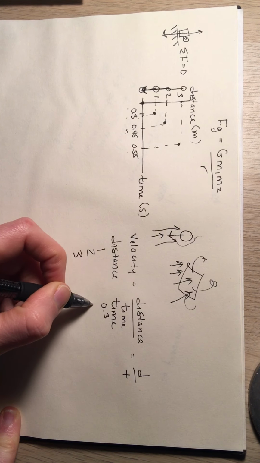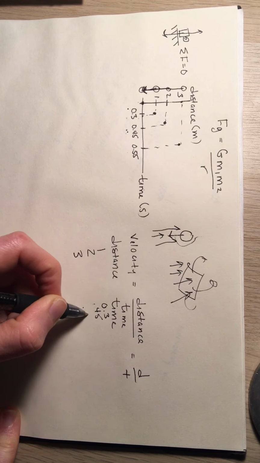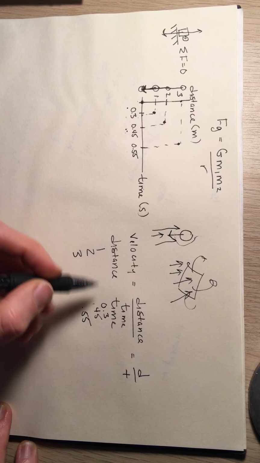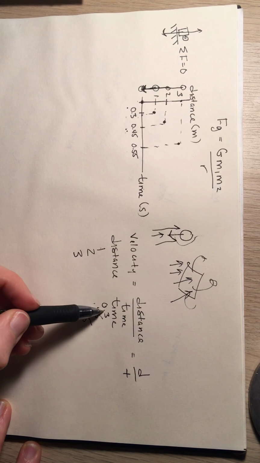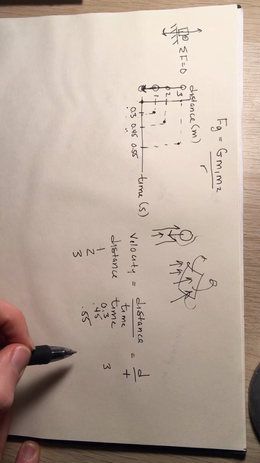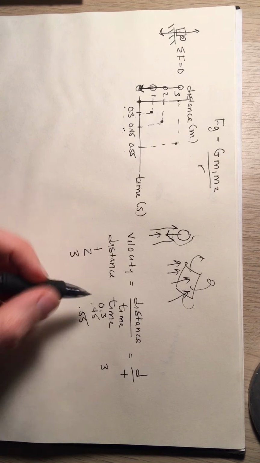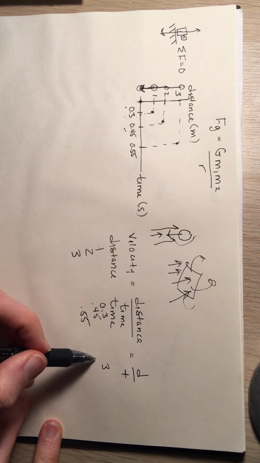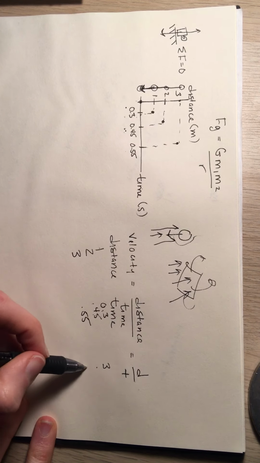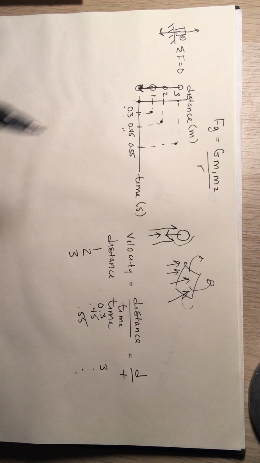My times are 0.3, 0.45, and 0.55. Then I can divide 1 divided by 0.3 and get about 3 meters per second. And then continuing, I can keep calculating those other values too.